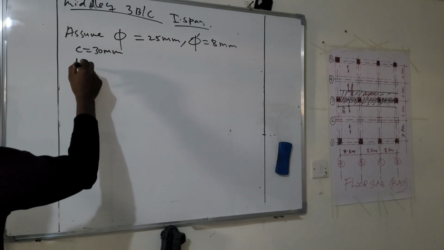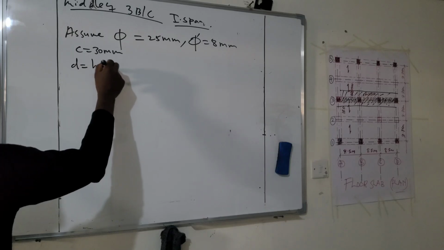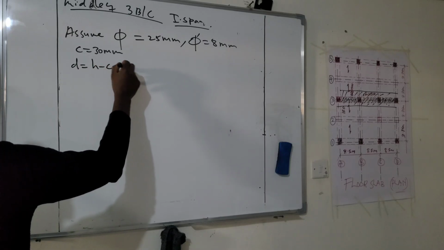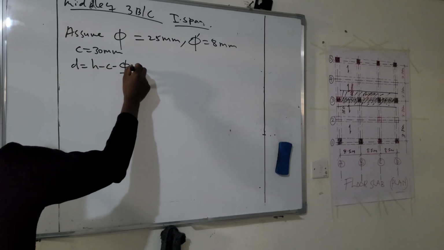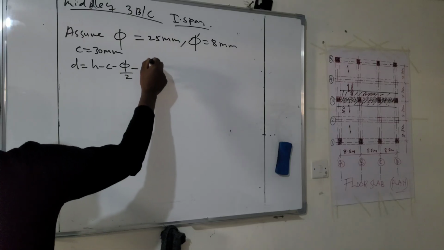So D is equal to H minus C minus main bar over 2 minus diameter of the link.